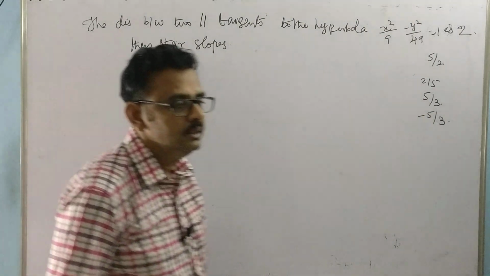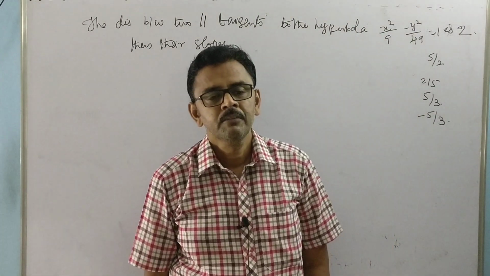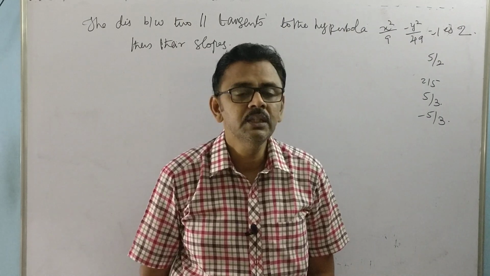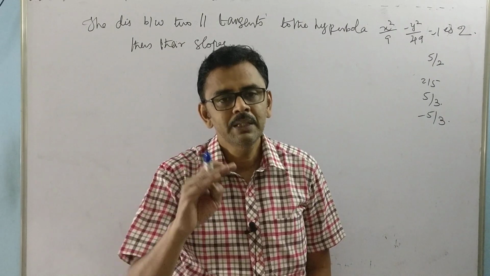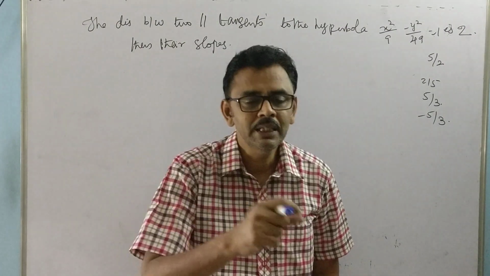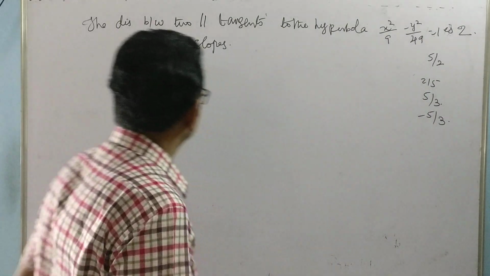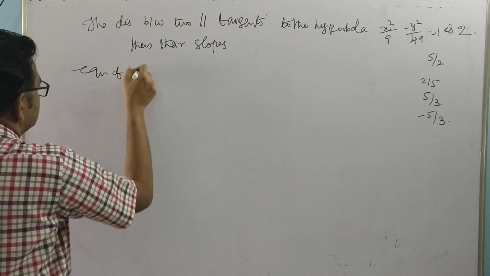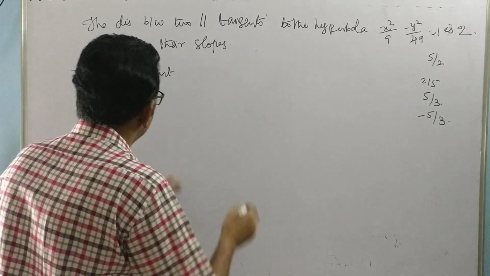So we know the equation of tangent to the hyperbola in slope form: y is equal to mx plus or minus root of a square m square minus b square. If you take plus, you get one equation; if you take minus, you get another equation. Both are parallel.